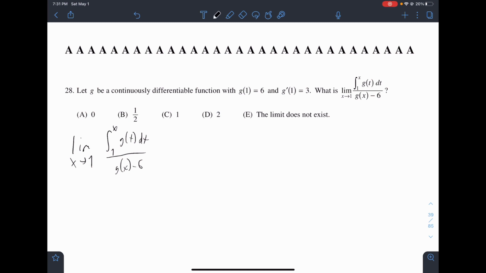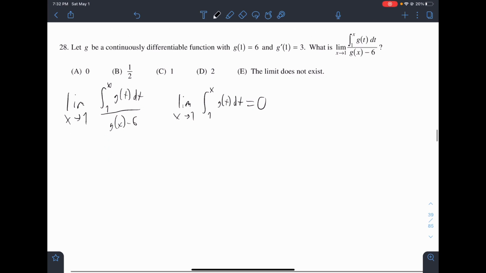The top, the limit as x goes to 1 of this integral of g of t dt, is just the integral from 1 to 1, which is nothing. It'll just be 0. Same thing here with g of x minus 6. We know from the problem that g of 1 is 6, so it'll be 6 minus 6, which also equals 0.